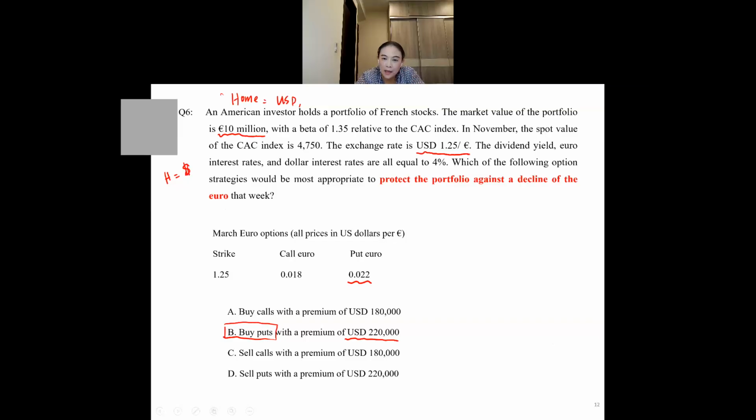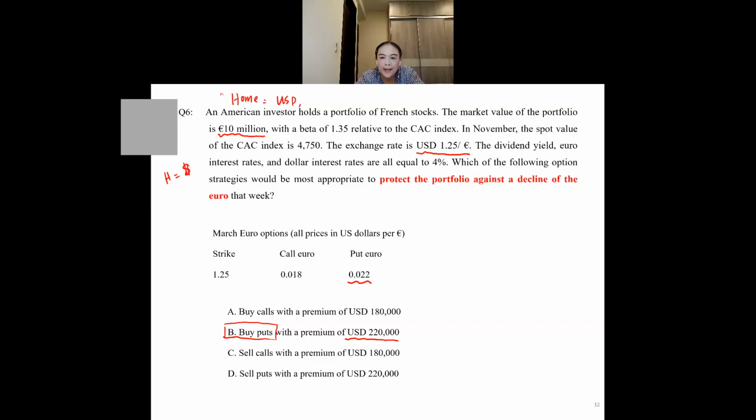Beta is 1.35 relative to the CAC index, which is the French index. In November, the spot price of the CAC index is 4750 and the exchange rate is 1.25 dollars to 1 euro. Dividend yield is 4%. That's the RF.